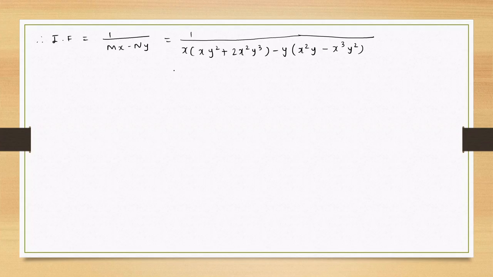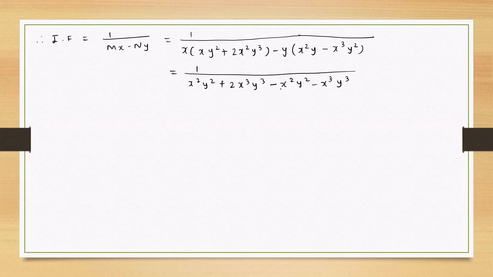Okay, so we can write it as 1 upon x square y square plus 2x cube y cube minus x square y square minus x cube y cube, right?